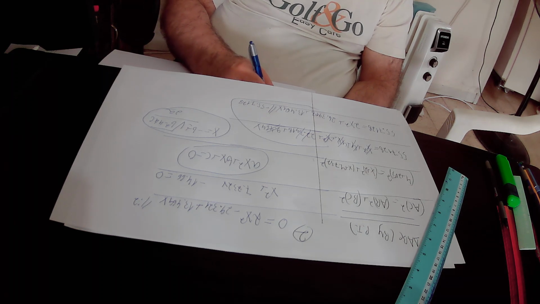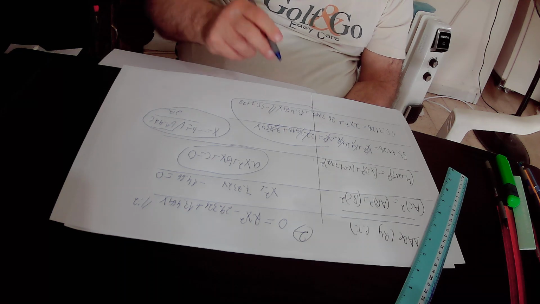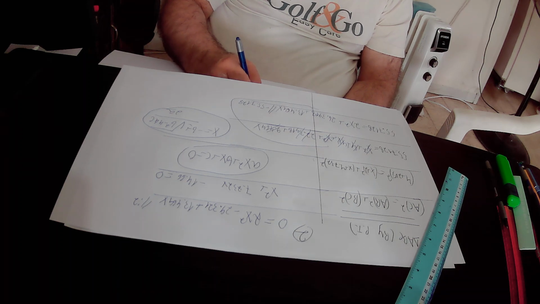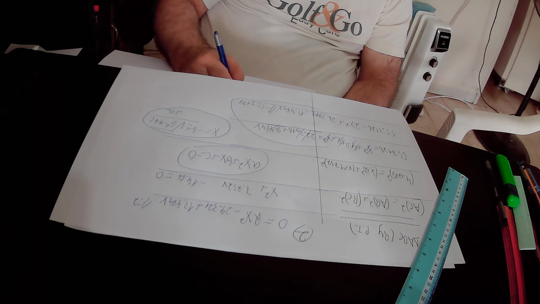So we put the data for our specific quadratic equation inside the general formula for x in order to find the value of x in our specific quadratic equation.